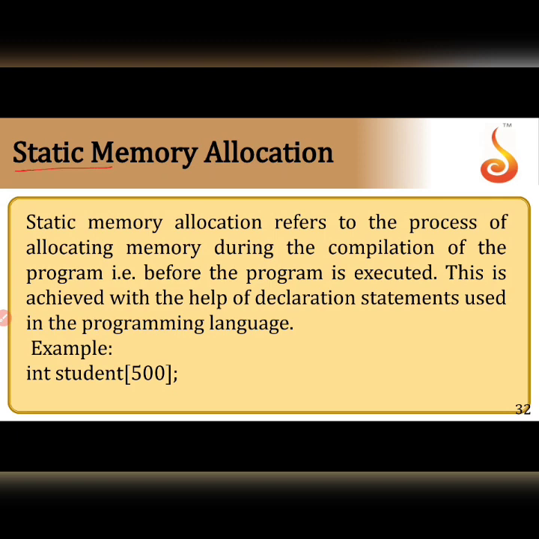Static memory allocation refers to the process of allocating memory during the compilation of the program. So what is compilation? Whatever program you write would be in a high level language. The compiler is a system software which compiles the program and checks for errors, basically syntax errors, and if there are no errors, an executable file is produced, and you execute it.